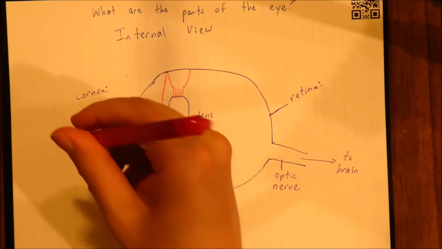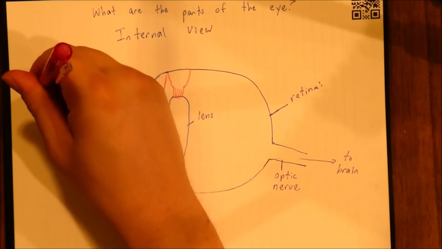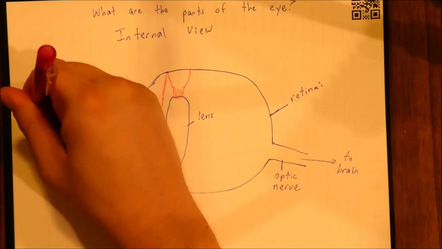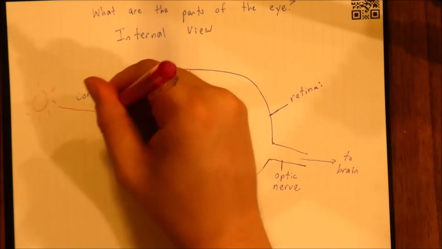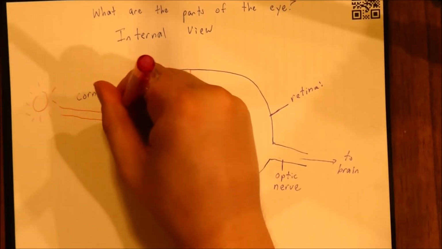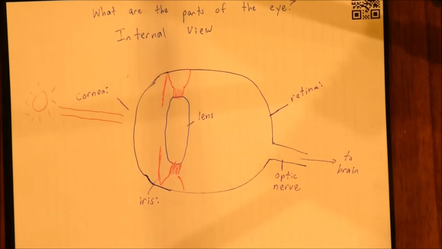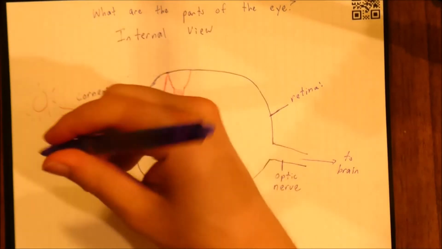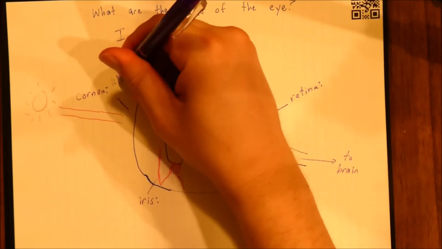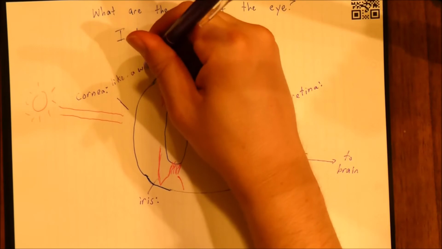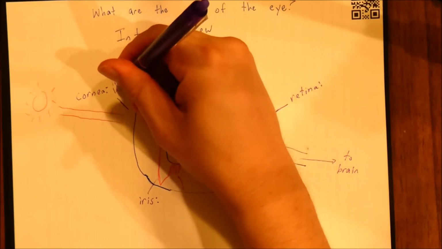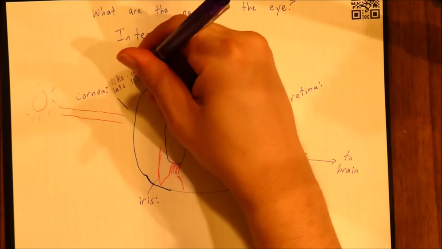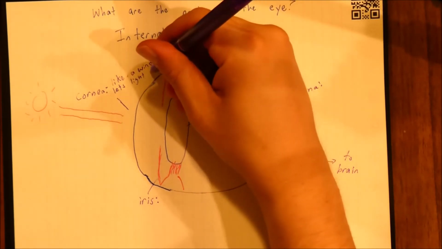Let's go with pink. So we have light out here. The light is going to pass through your cornea before going to the internal structures of your eye. So we're going to say that the cornea is like a window that lets light pass into your eye.